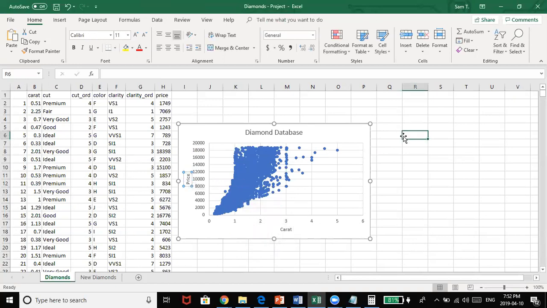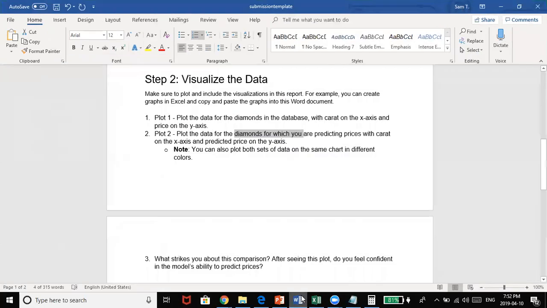So that's basically what we need for the first question. The second question is saying plot the data for the diamonds for which you're predicting the prices with carat on the x-axis and predicted price on the y-axis.